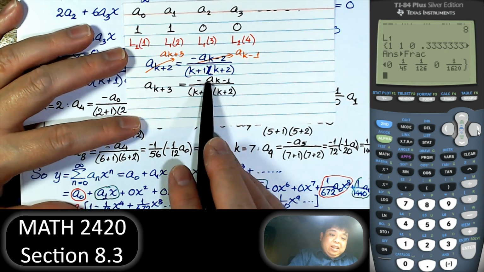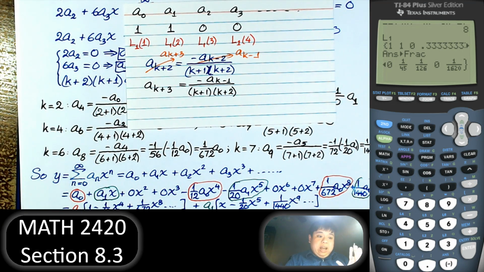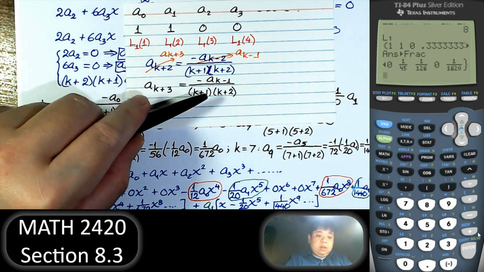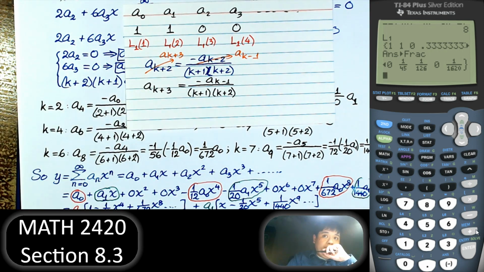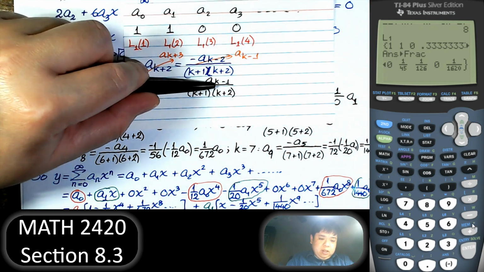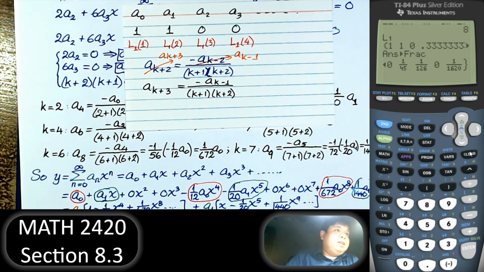We cannot put this in the calculator, because if we start the sequence with L1 of 1, if we put 1 in for k, that's going to be 0. That means start from 0, which is not in the sequence. So we have to do something else. By the way, we can just keep that.